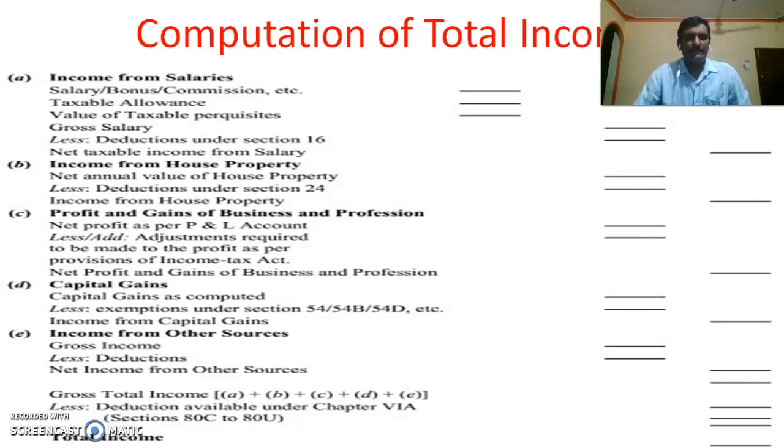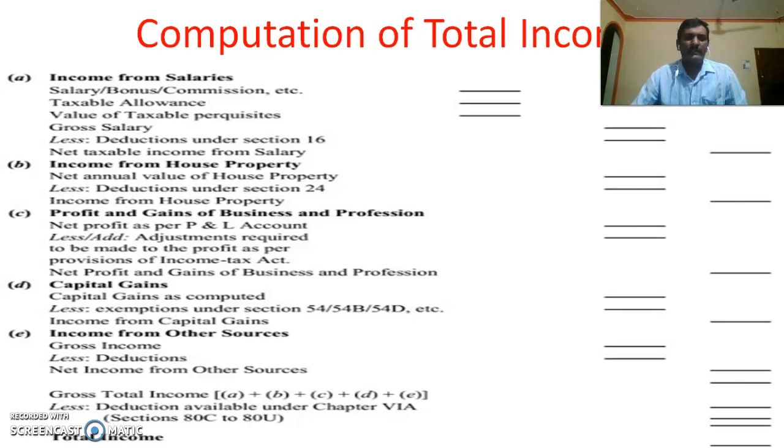The net annual value of house property is to be computed, and from that we make the deductions under section 24. Whatever balance arises is called income from house property. After that, we go to the third head of income, that is profits and gains of business and profession. Here, first of all, we take the net profit as per the profit and loss account, and to that we add or less some adjustments.